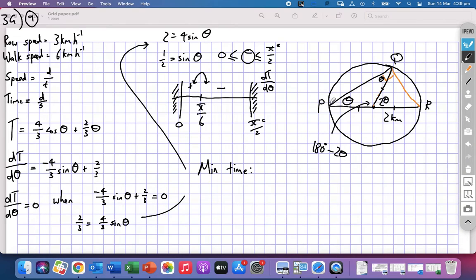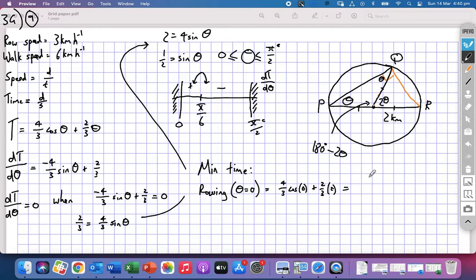Basically, we're testing if the angle's 0 and he rows the whole way. So the minimum time rowing the whole way, where theta equals 0, right? That would be here, time equation, 4/3 times cos of 0, which is 1, plus 2/3 times 0, which is, funnily enough, 0.